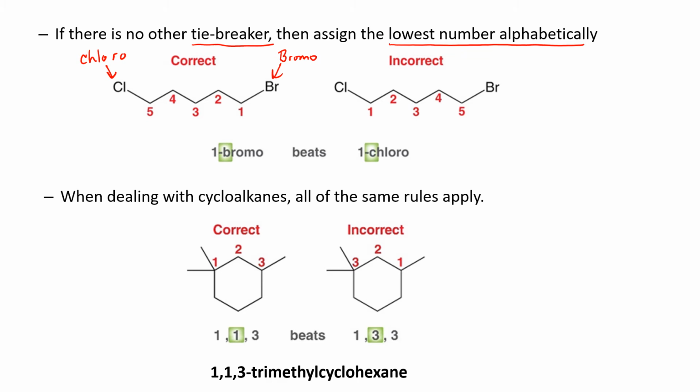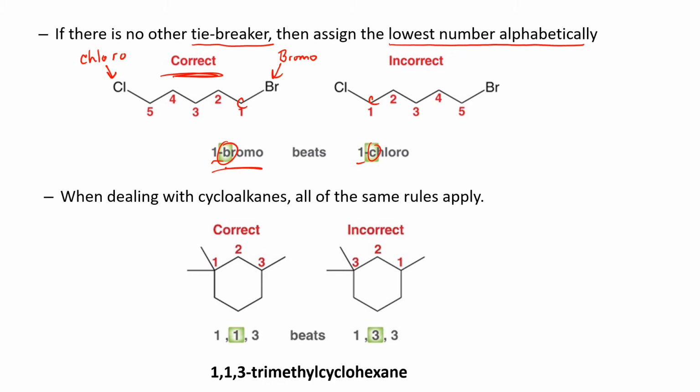So if I started numbering with my carbon attached to the bromine as number 1, okay, I get a 1 bromo, versus if I started over here with the carbon attached to the chlorine, if I called that number 1, that would be 1 chloro. So the substituent with the lowest number should be decided by alphabetical order now because it's a 1 and a 1. So bromo, B beats C. So this is the correct numbering system.